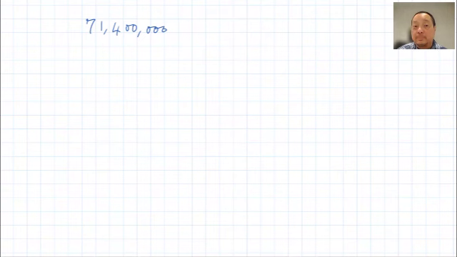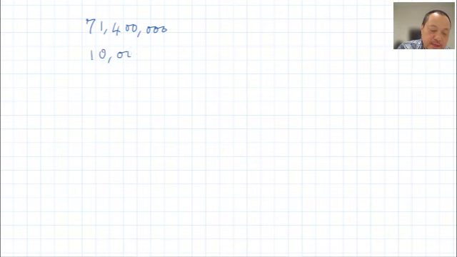Let's do another example. Let's say 71,400,000. How do I convert this into scientific notation? 71,400,000 is in the range of 70 million.